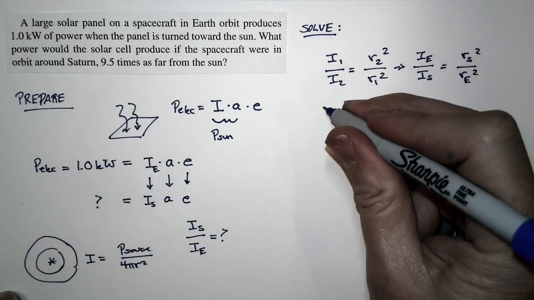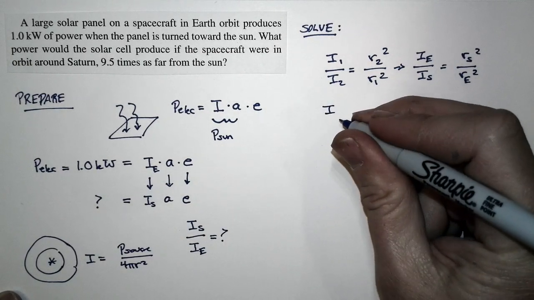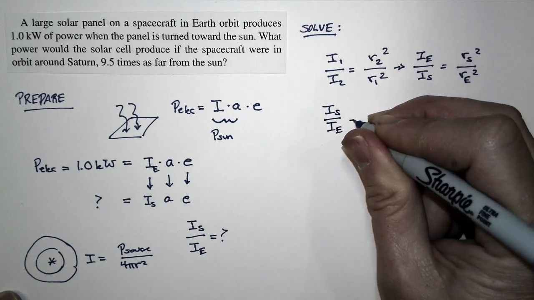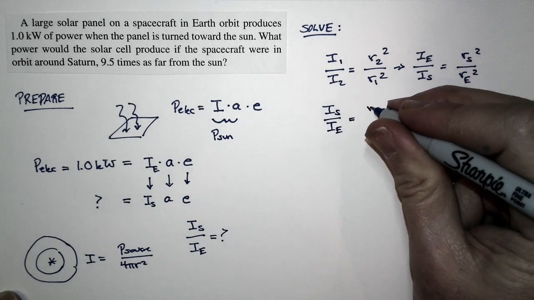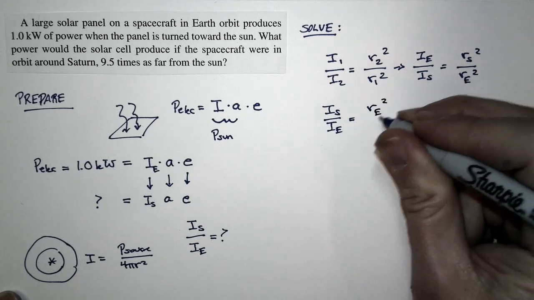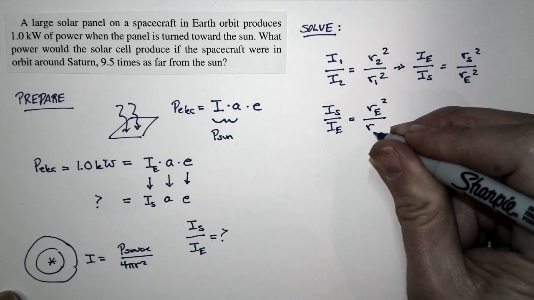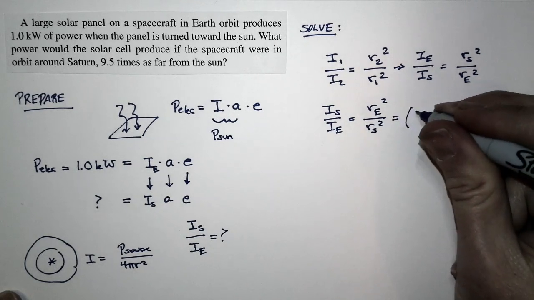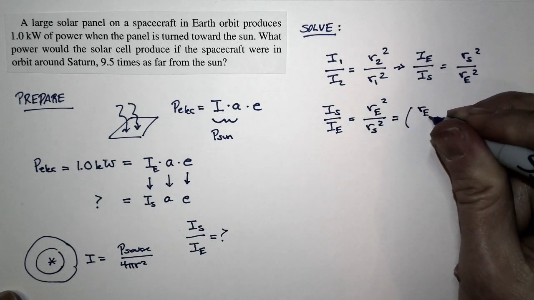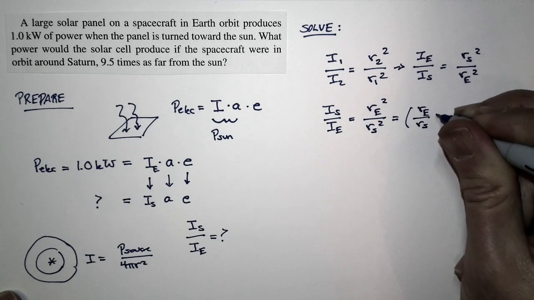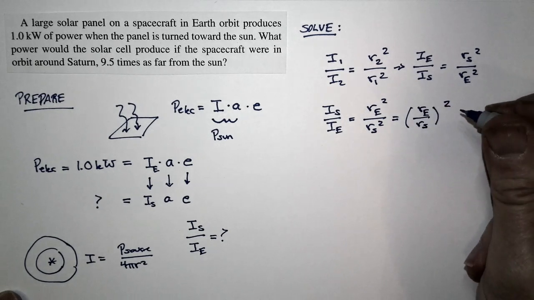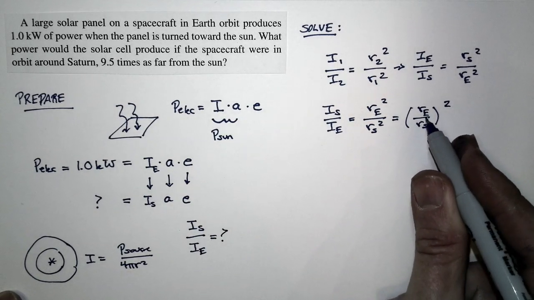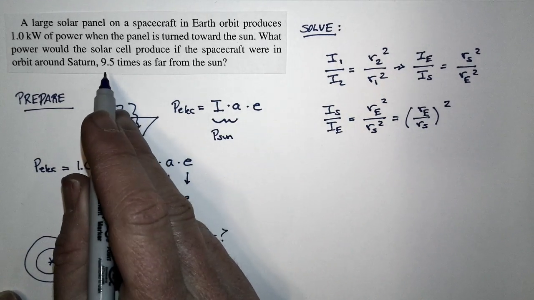We're looking for the intensity at Saturn related to the intensity at the Earth, so I'll turn this equation upside down. The intensity at Saturn divided by the intensity at Earth is equal to the distance from the Sun to the Earth squared divided by the distance from the Sun to Saturn squared, or (RE over RS) all squared. This ratio is basically given in the problem.